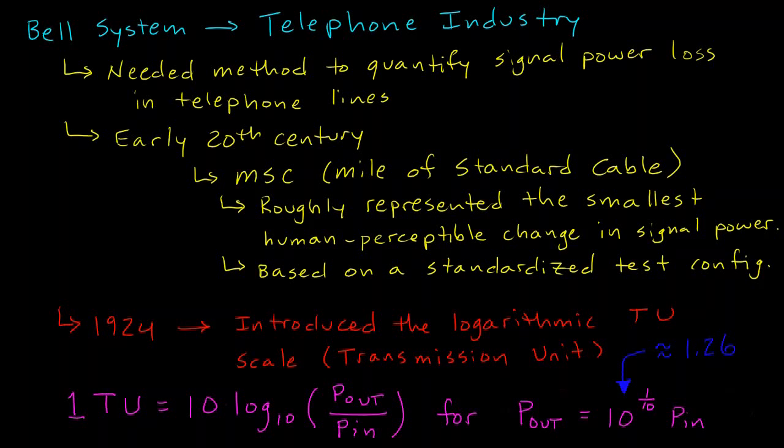So in 1924, they introduced the logarithmic TU, or transmission unit scale. It had a logarithmic definition, and as you see here, 1 TU is 10 times the log base 10 of a power ratio P out over P in. And the 1 TU is defined for the case when P out over P in is 10 to the 1/10th power, which is approximately 1.26.